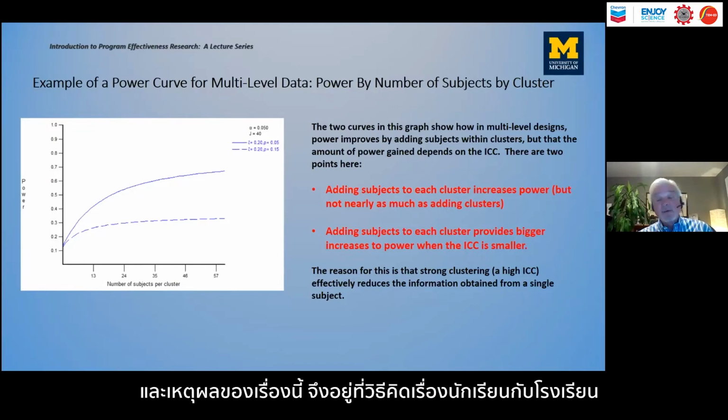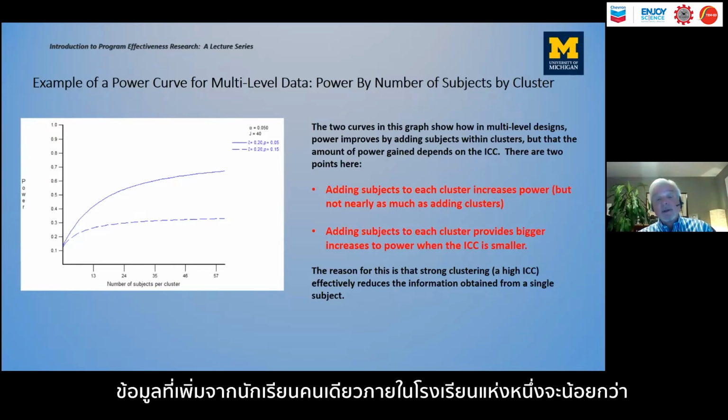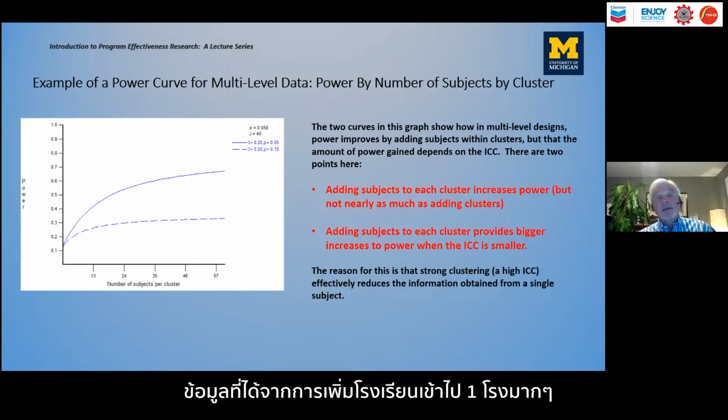And so the reason for this, and the way to think about students versus schools as adding to power, is this: when there's strong clustering, the information added from a single student within a school is much, much less than the information gained by adding a school.